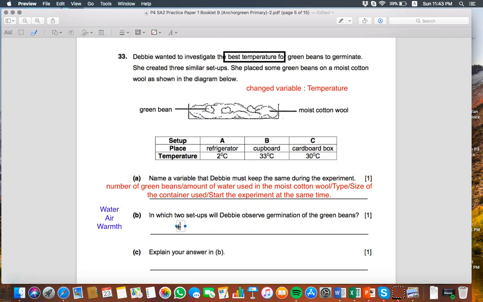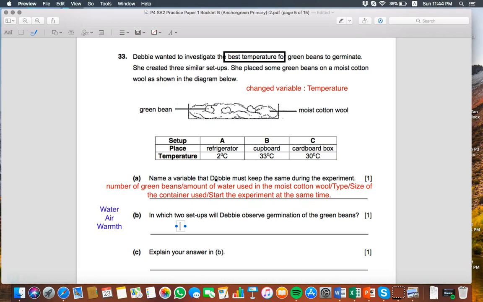Okay. So in this case, your changed variable is your temperature, right? Let's look at the place and the temperature that they are being placed at. Okay, in a refrigerator, it has moisture, which means it has water in all setups. It definitely has air in a refrigerator, cupboard, and cupboard box. So in this case, water and air are present in all 3 setups.